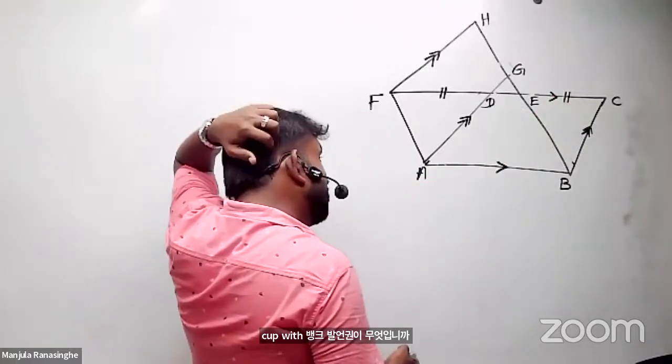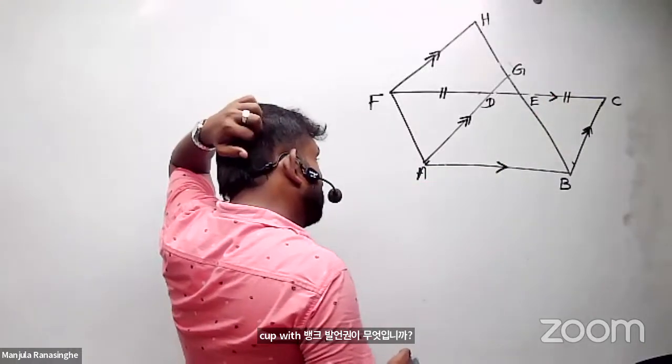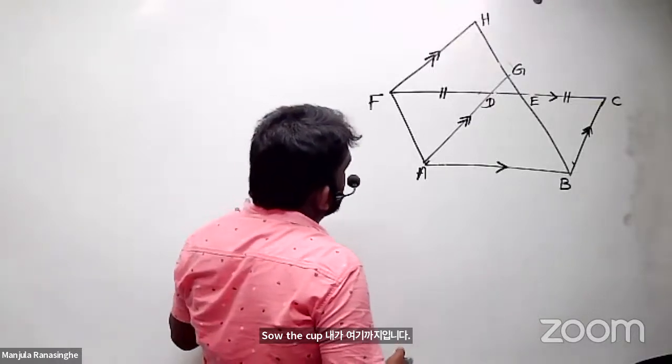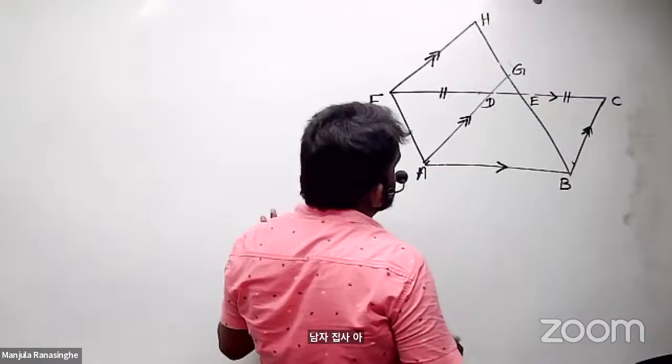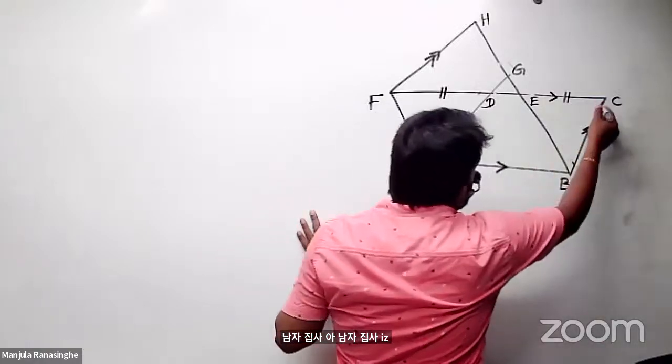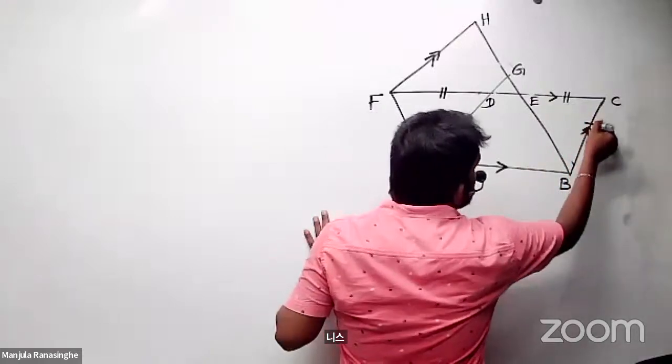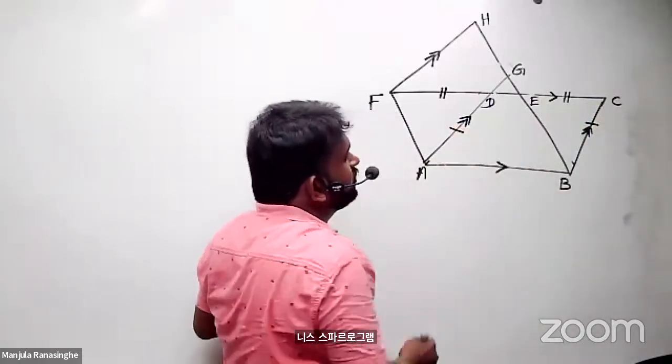Then I can see that ABCD is a parallelogram, so this side is equal to this side.